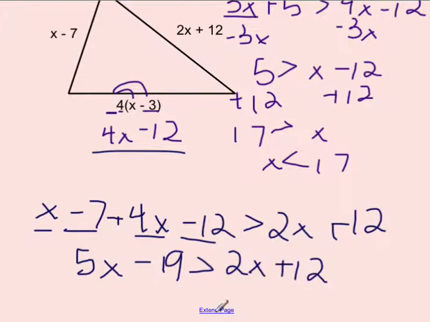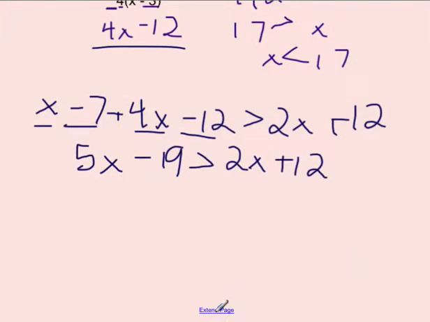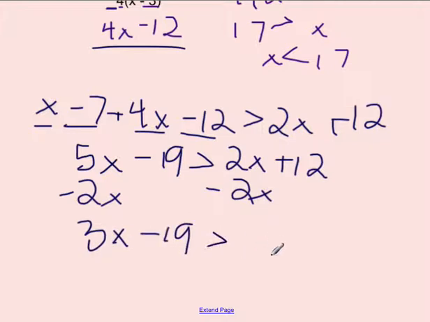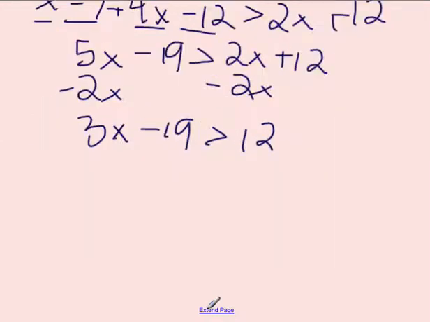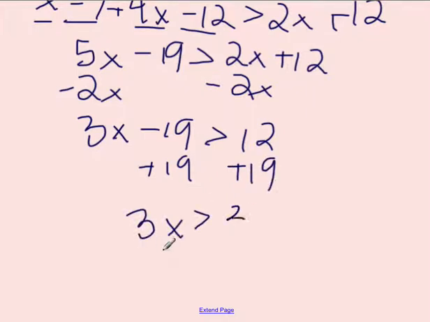Okay, so now I'm going to get this 2x over to the other side. So I'm going to subtract 2x from both sides since it's positive. So I get 3x minus 19 is greater than 12. And then I'm going to add 19 to both sides. So then I get that 3x is greater than 31. So then divide both sides by 3. And I get that x is greater than 10.3.